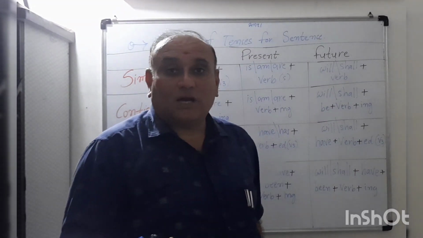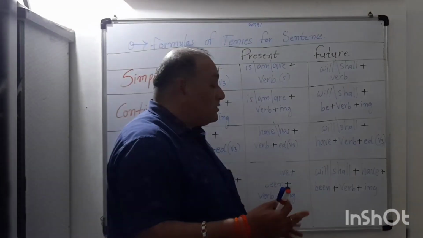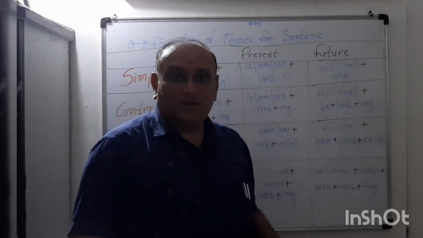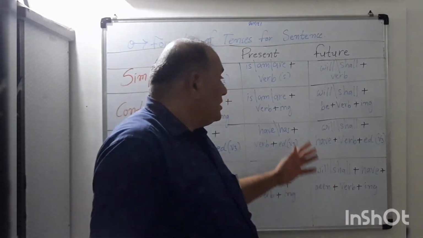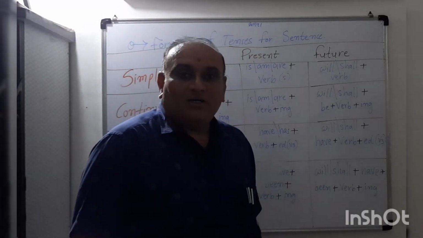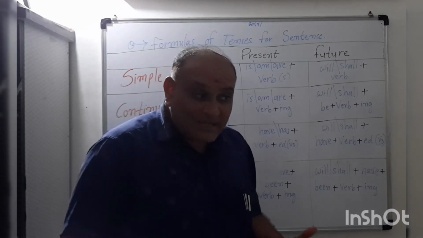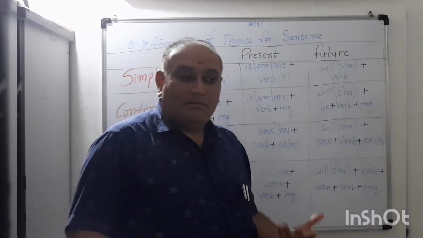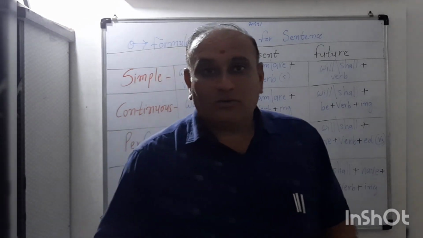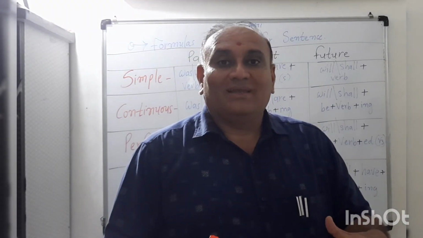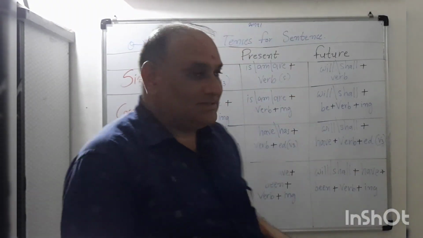In future I am going to teach you more about the to be's, the helping verbs. First we are going to have the knowledge to frame a sentence with the tenses by the meaning: when it has happened, when it is going to happen, when it is happening, like this, right?